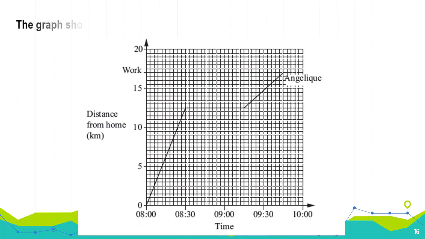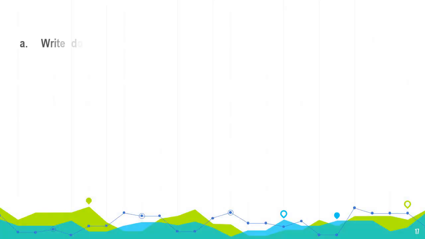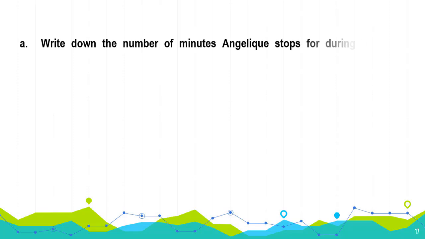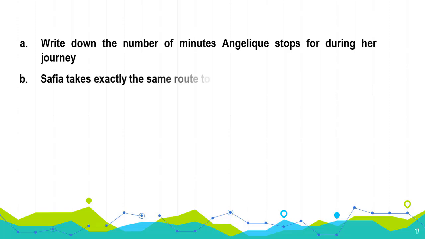The graph shows Angelique's journey to work. A. Write down the number of minutes Angelique stops for during her journey. B. Sophia takes exactly the same road to work. She leaves at 8:30.